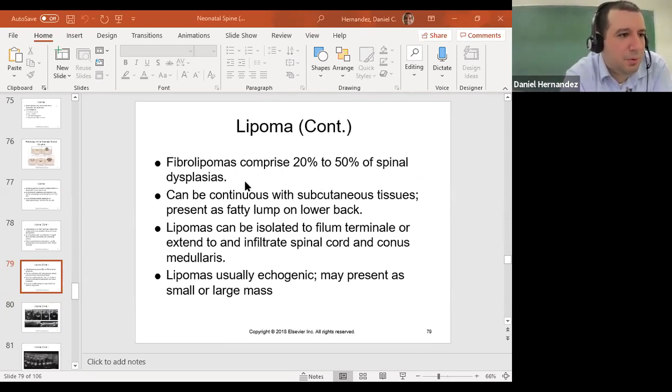So fibrolipomas comprise 20 to 50% of spinal dysraphisms and can be continuous with subcutaneous tissue and present as a fatty lump on the lower back. Lipomas can be isolated to the filum terminale or extend to and infiltrate the spinal cord and the conus medullaris. Lipomas usually are echogenic and may present as small or large masses, so they can vary in size.